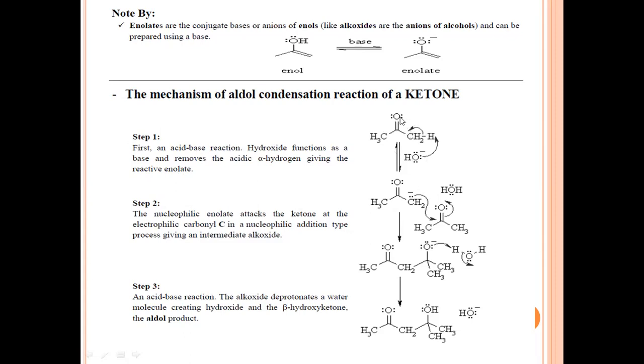So this is a ketone molecule, that is acetone. In the presence of base, this base will abstract one of the alpha hydrogens from the first molecule of either aldehyde or ketone. A very important point with respect to the aldol condensation is that they must possess an alpha hydrogen atom.